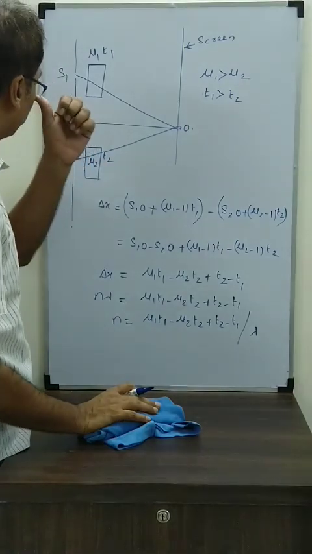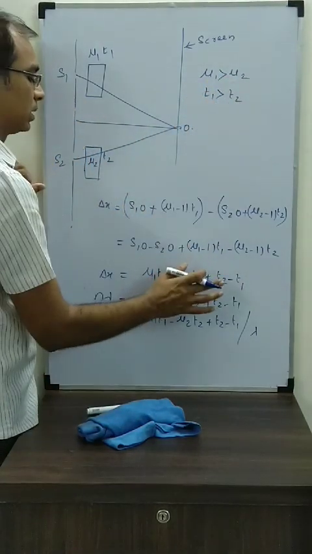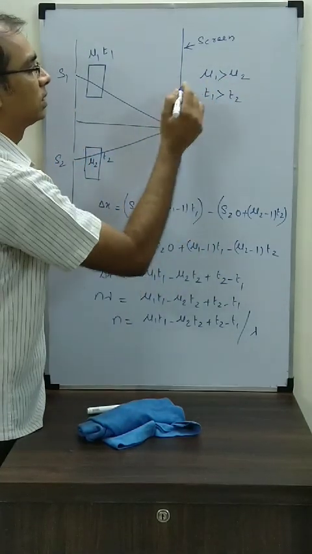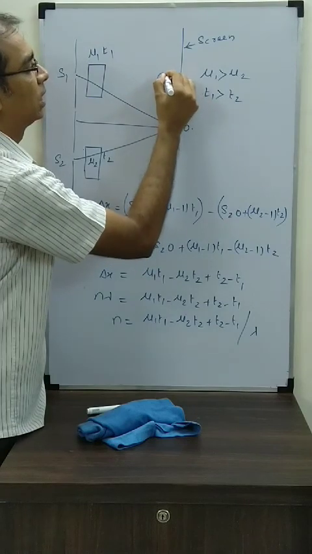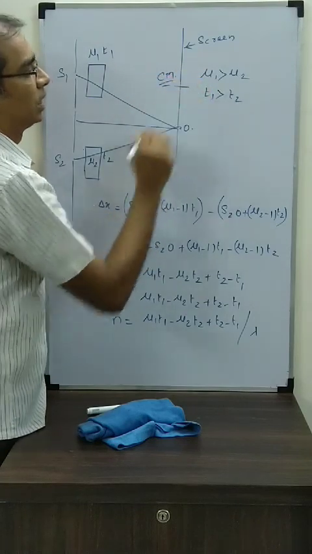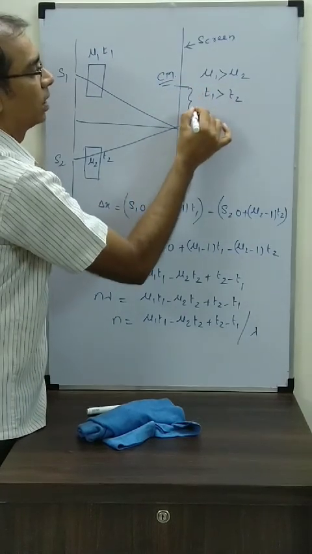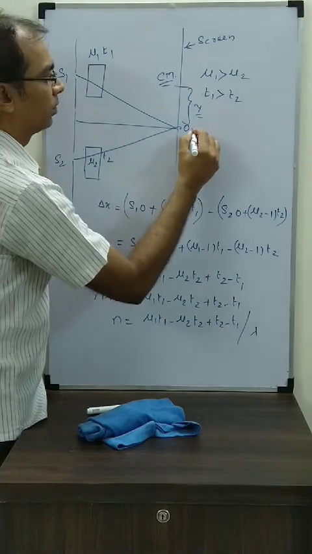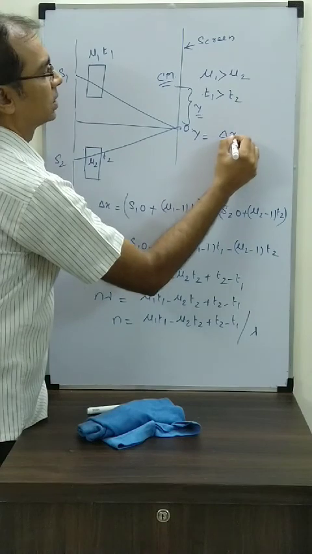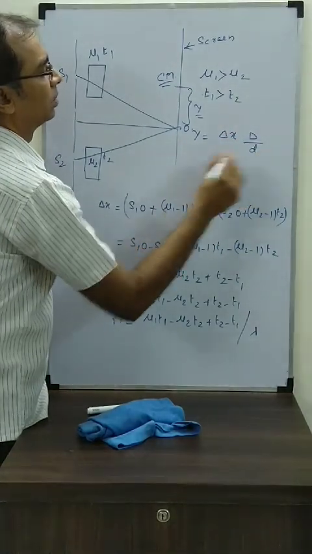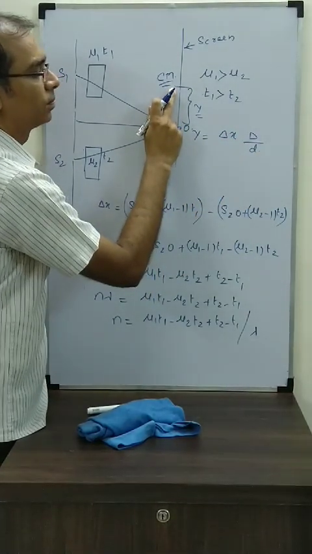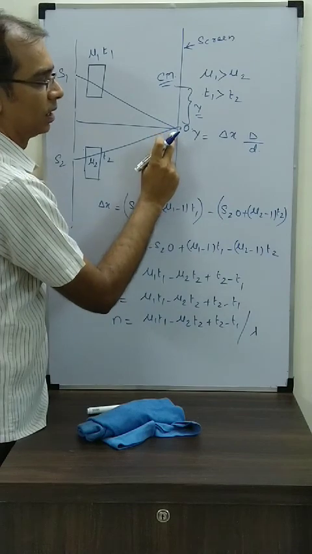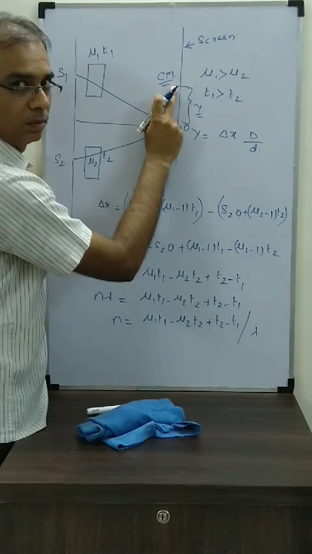Alright, so now, if suppose this is the case, and again I ask you, where is the central maxima? We have already decided it is above the center part. So if this is Y, then how we are going to find it? Again, we will use that same formula that we use normally, delta X, capital D by d. This is the distance of any maxima that you are finding from central maximum.